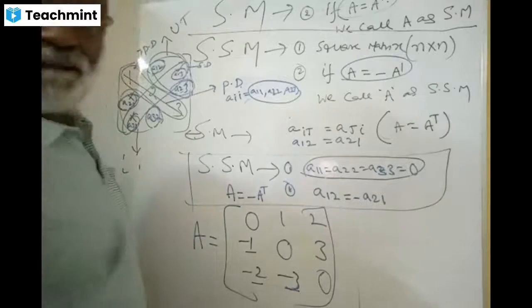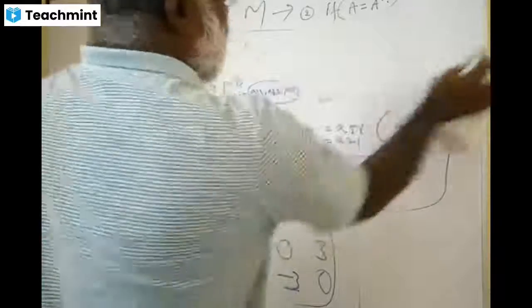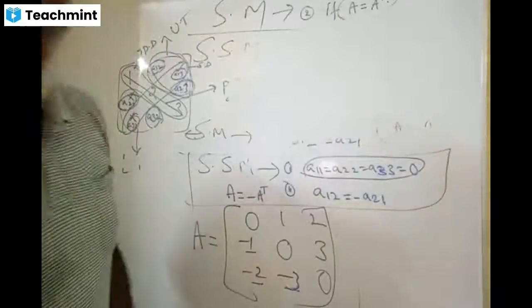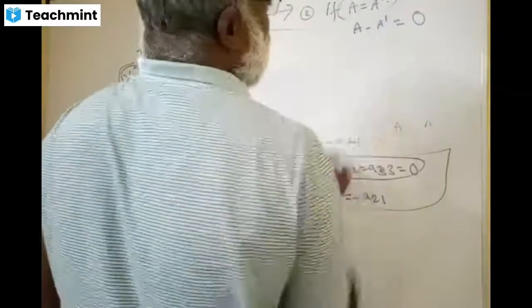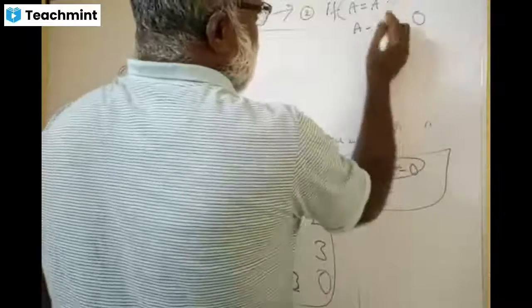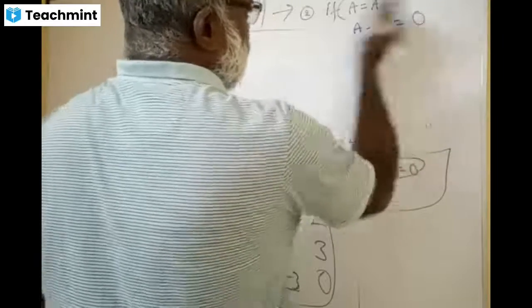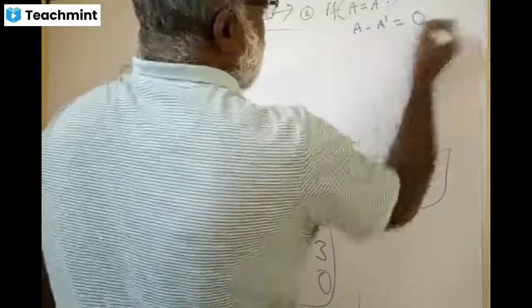Yes, sir. Right. For a symmetric matrix, the definition is given here. See the beauty of this one. A equal to A transpose is called a symmetric matrix. A minus A dash is called the null matrix, correct? A minus A transpose equals 0.